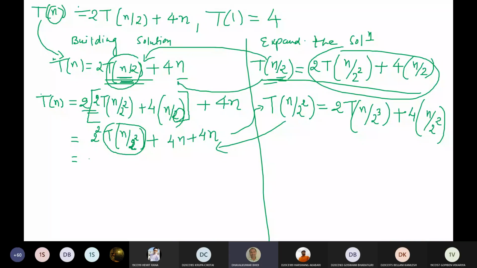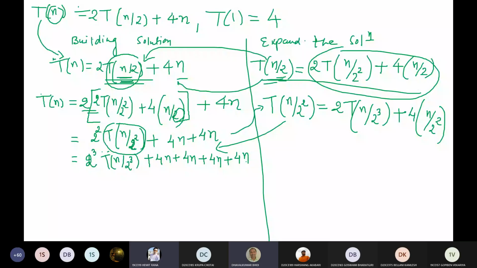I am writing here t of n will be equal to 2 cube t of n divided by 2 raised to 3 plus 4n plus 4n plus 4n plus 4n. Correct me if I am wrong.